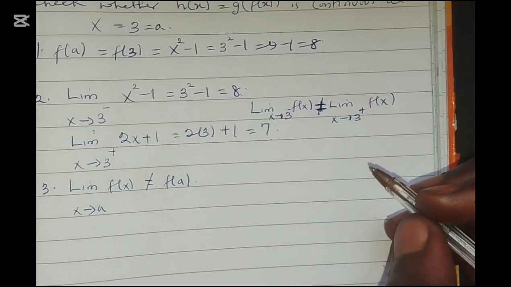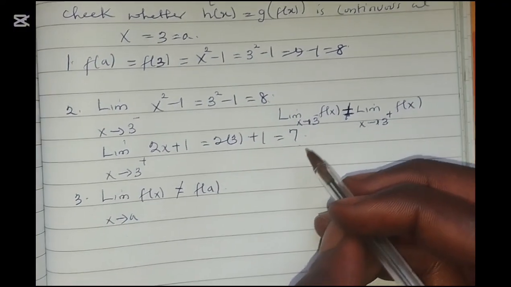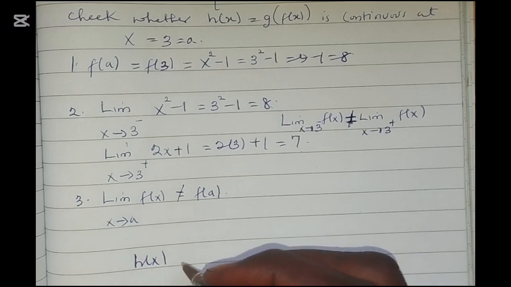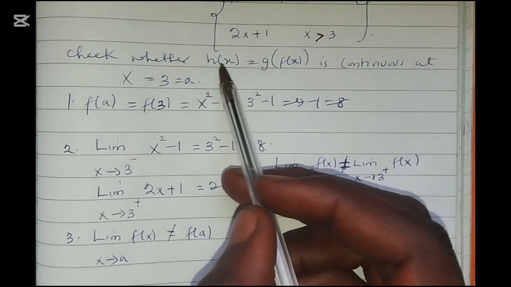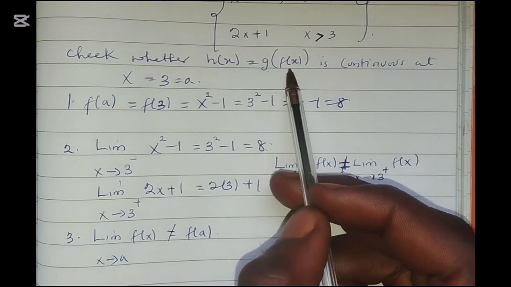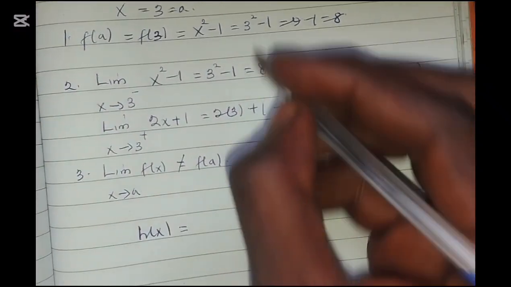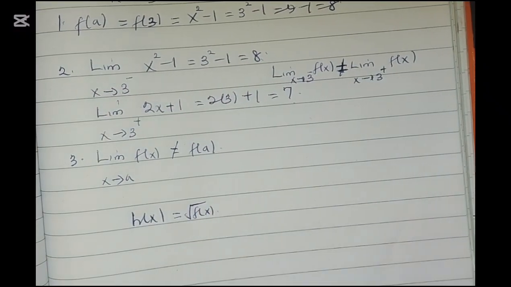So let us check for h of x as well. Now for h of x, h of x is equal to g composed of f of x, and g is root of x. So we simply have root of f of x there.